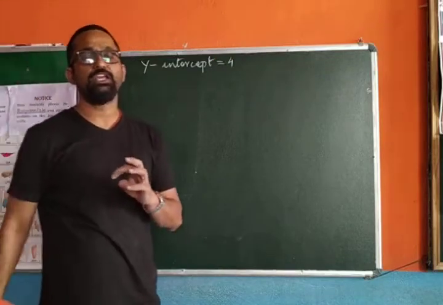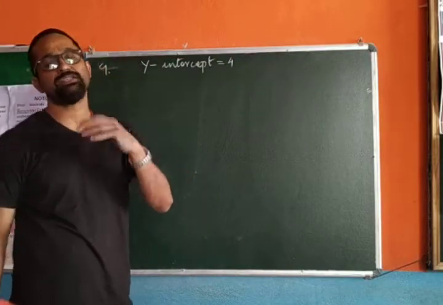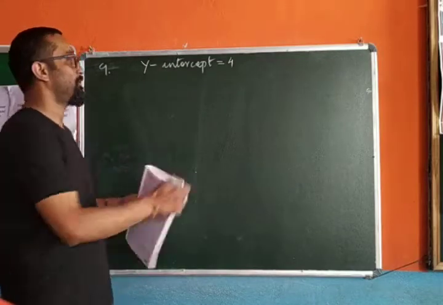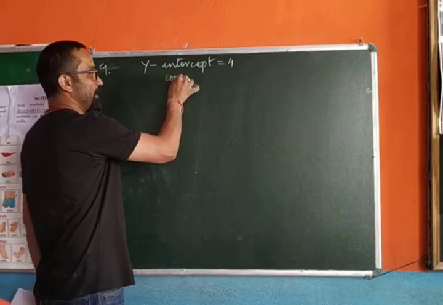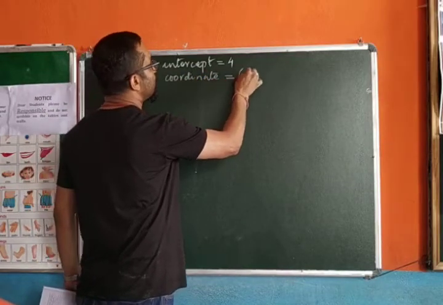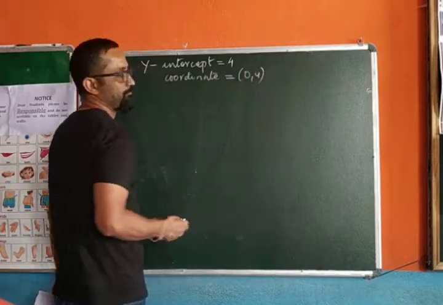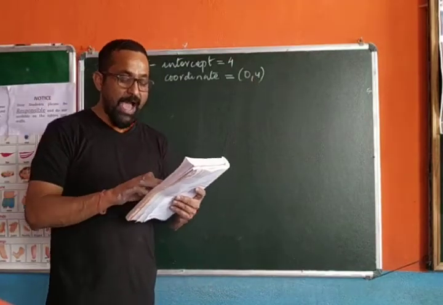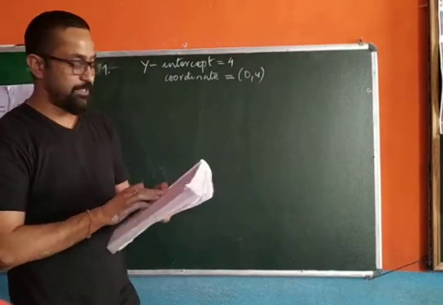And I have been telling you, with the help of the x-intercept and y-intercept, we can write the coordinates of the intercept. The coordinate will be 0, 4. We require this line, and it is parallel to the given line.